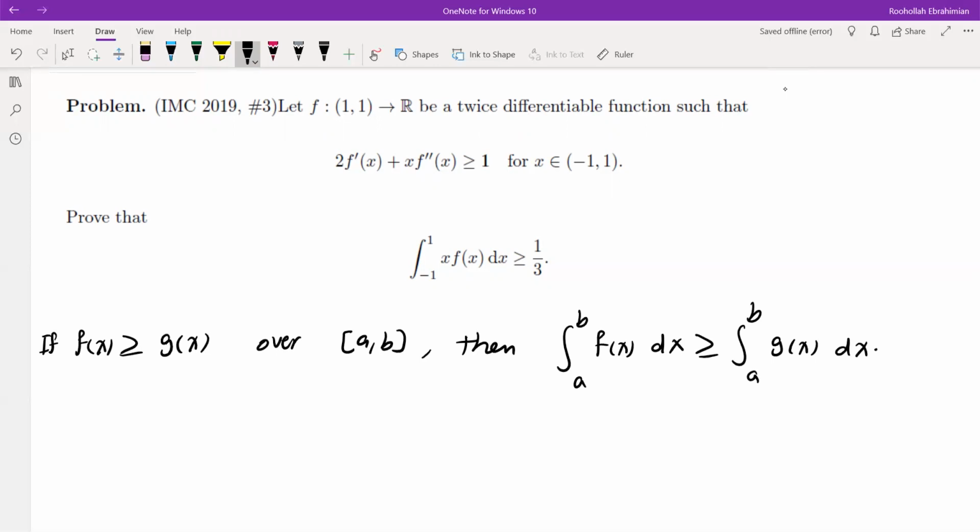So we're going to have to find a way to integrate both sides of this inequality. And because you have a second derivative, we might have to integrate that a couple of times, maybe 3 times, to get to the function itself. So probably twice because you have a second derivative.